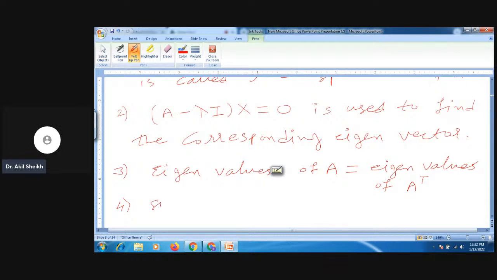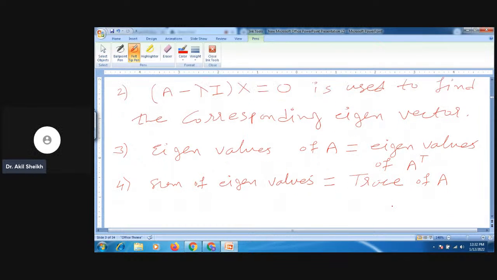Next, sum of eigenvalues, this is an important note: sum of eigenvalues equals the trace of the matrix capital A. What is trace?